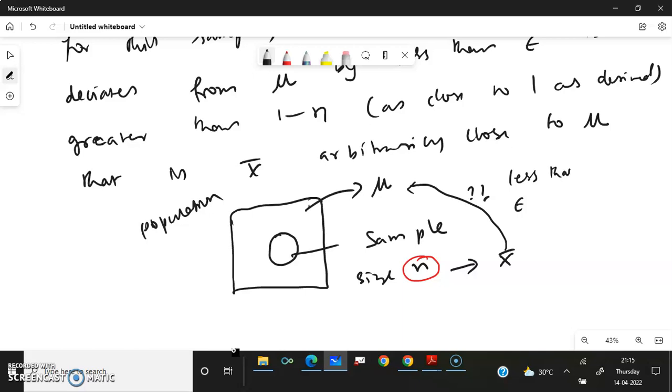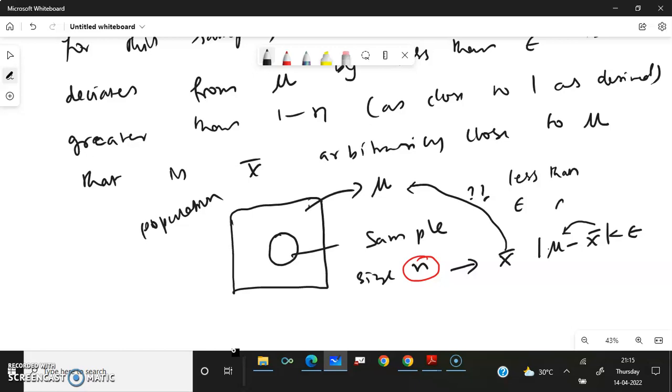That means the difference between mu and x bar is less than epsilon, so x bar is very close to mu. That is what we want to say.